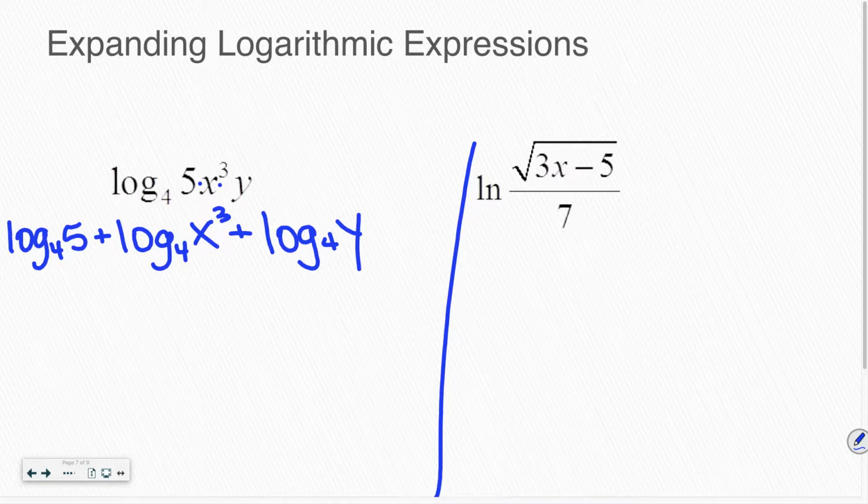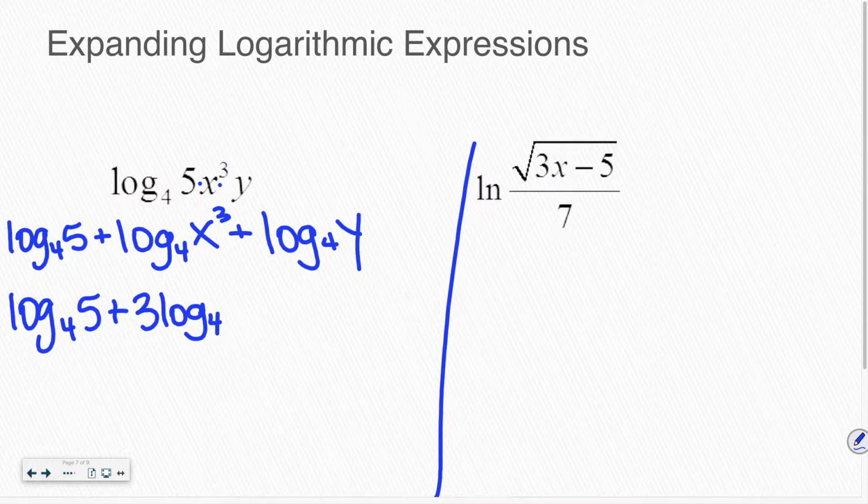But this would not be a full credit answer. Why? That power right there needs to be taken out. So we would need to write log base 4 of 5 plus this power gets multiplied in front, 3 log base 4 of x, plus log base 4 of y.